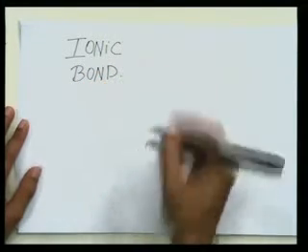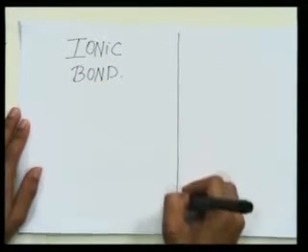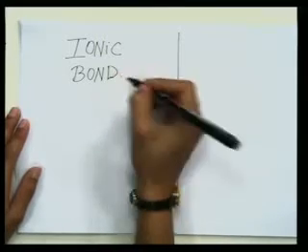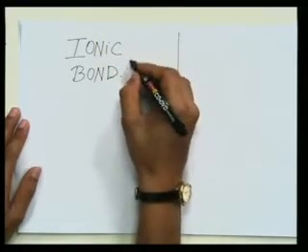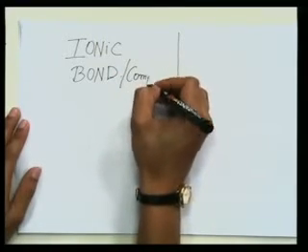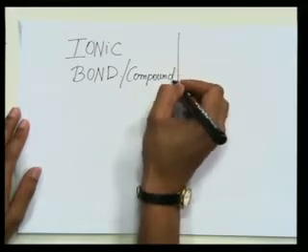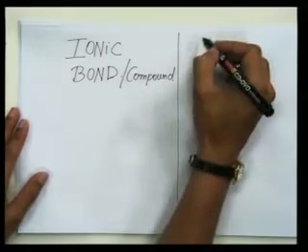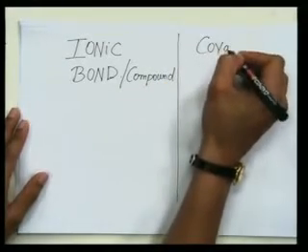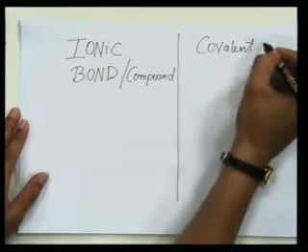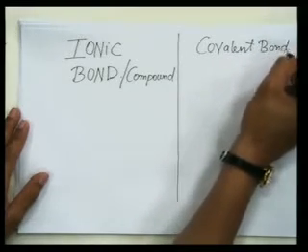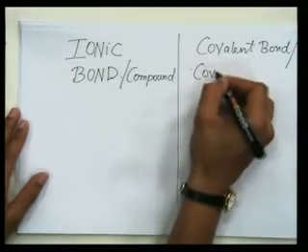Okay, on the another side you can say ionic bond, or you can say that they are basically ionic compounds. Same thing you can write here covalent bond, or you can write here covalent compounds.